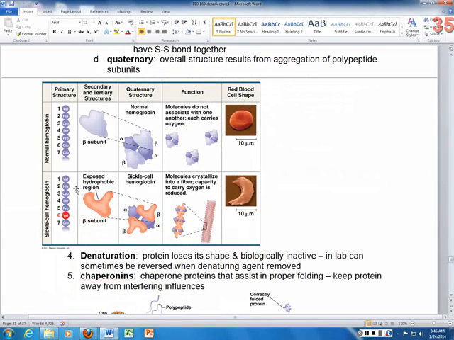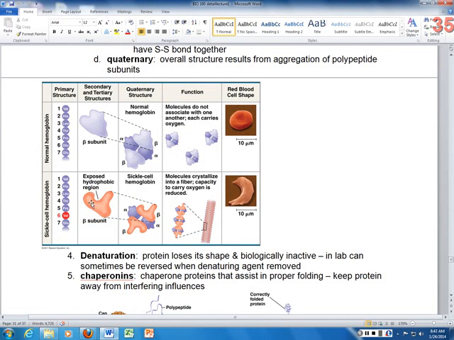So this here is kind of to give you an example of how one small little change can make things go really wrong. So here's your primary structure, your normal sequence of hemoglobin. This is a sequence of hemoglobin here where just one of the amino acids changed. So hemoglobin normally has its secondary structure like this.